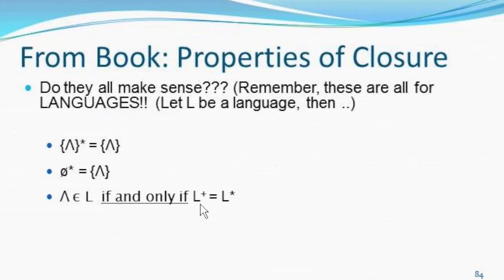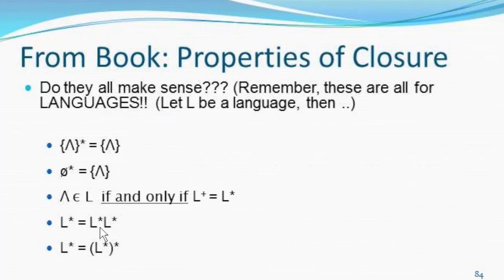Because lambda is in L1, and that's part of L plus. And so since the difference between L star and L plus is only the potential absence of a lambda, we're good. Similarly, if we know L plus equals L star, then we know lambda's in L plus. And the only way we could have gotten a lambda inside of L plus was if it was in L.